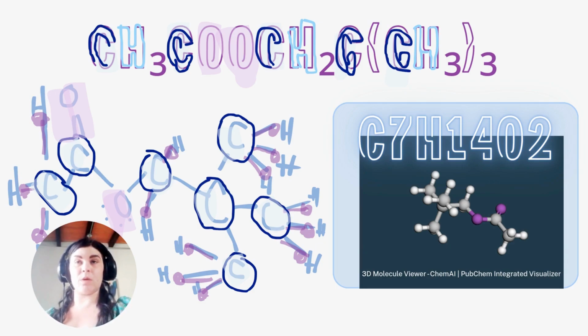So as we start to create this drawing, we can tell that there is also going to be a section where there is a carbon that has 3 more carbons attached to it. And you're going to be able to realize that based on the amount of hydrogens that this part of the molecule is representing.